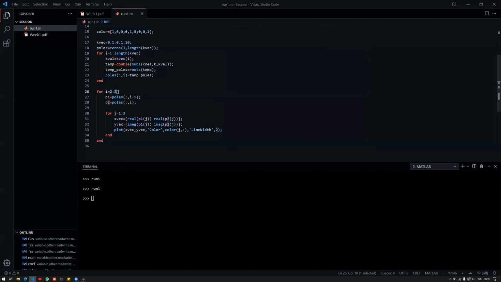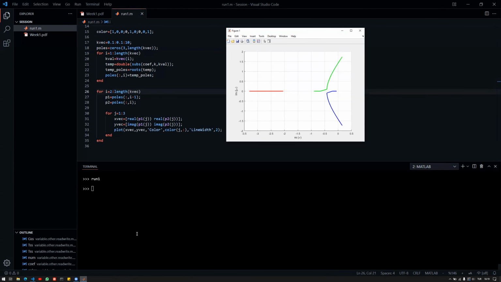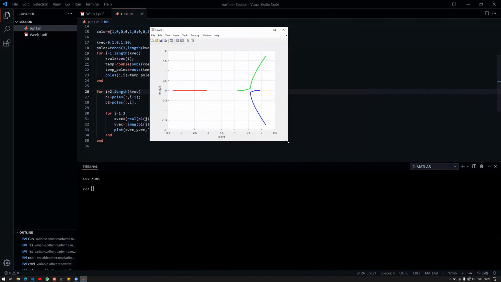Now, if I go through all the k values, then this would be the result here. Now, of course, we have a little issue here.